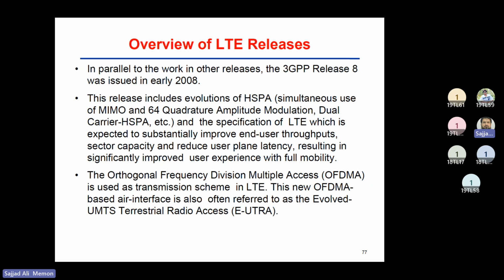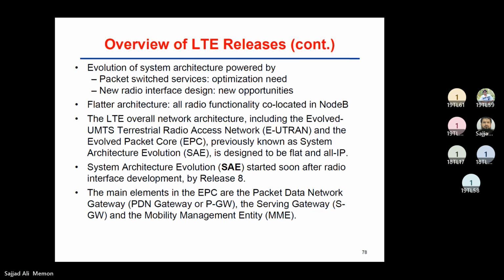The new OFDMA based air interface is also referred to as the evolved UMTS terrestrial radio access. The UMTS terrestrial radio access, UTRA, was with the 3G that uses WCDMA, whereas this E-UTRA uses OFDMA, that is orthogonal frequency division multiple access.